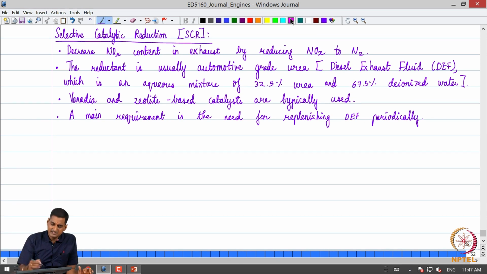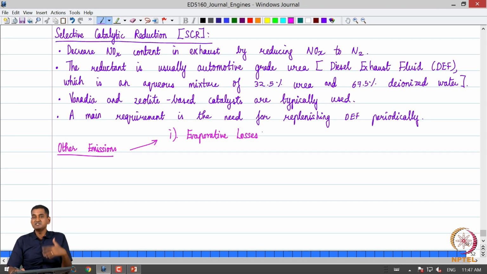So the last topic I want to briefly touch upon as far as emissions and their control is concerned: other emissions, which involve evaporative losses. Whatever we have looked at till now are what are called tailpipe emissions or engine exhaust emissions.